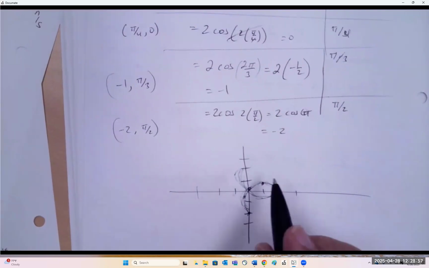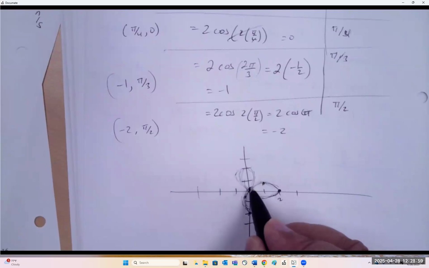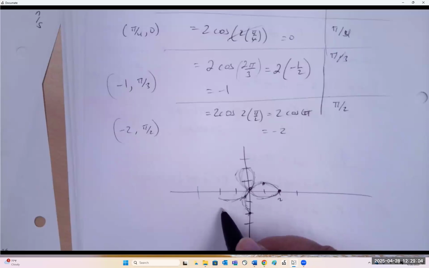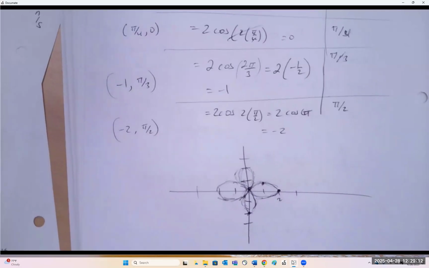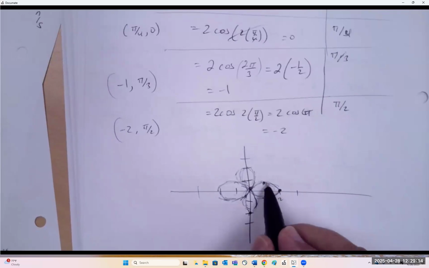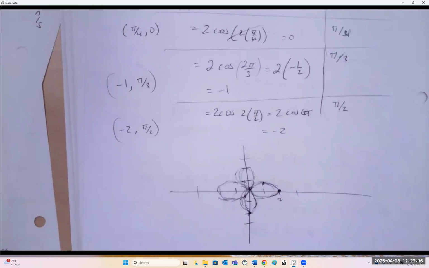So it's around the x-axis, now across the y-axis. So it's 4 petals, because we had this original one, and we flipped it on the x-axis and the y-axis.